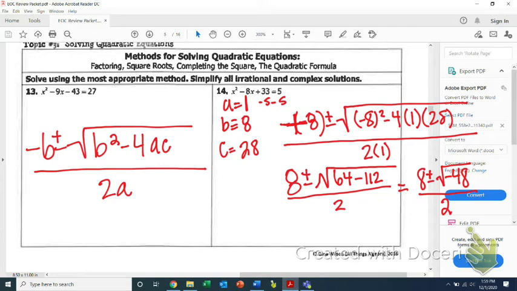So this answer would be 8 plus or minus i square root of 48 over 2. Now you can actually keep going and simplify that radical if you wanted to, but let's leave it at this for easy math.